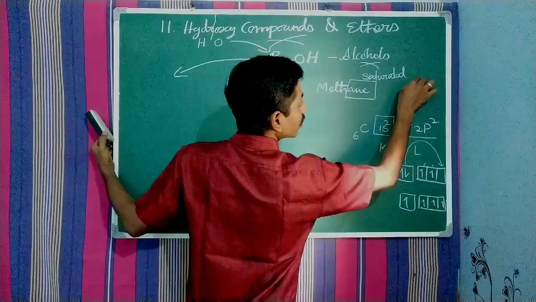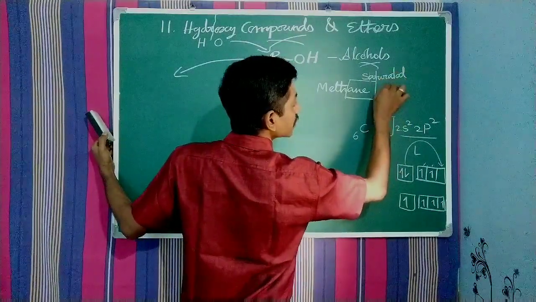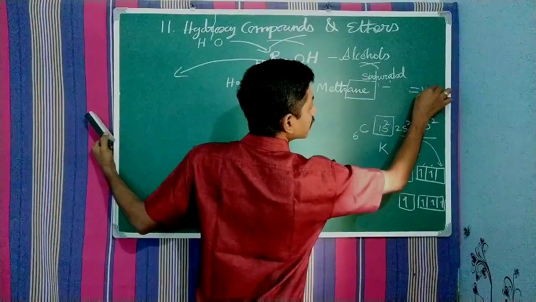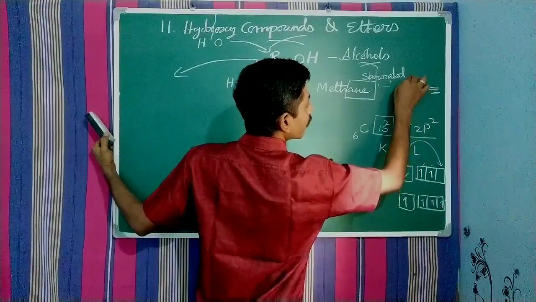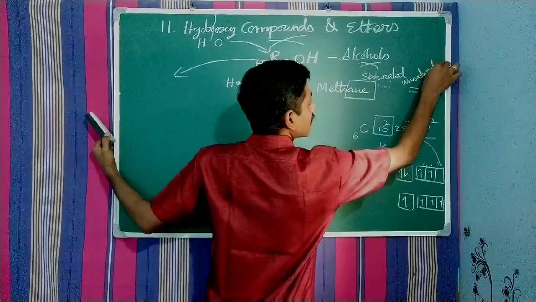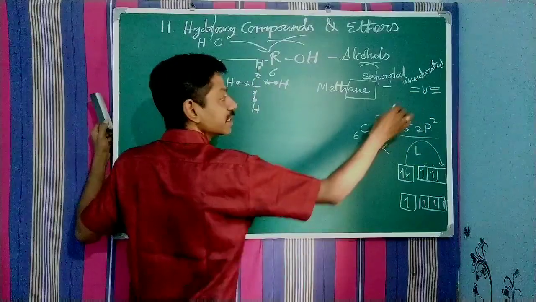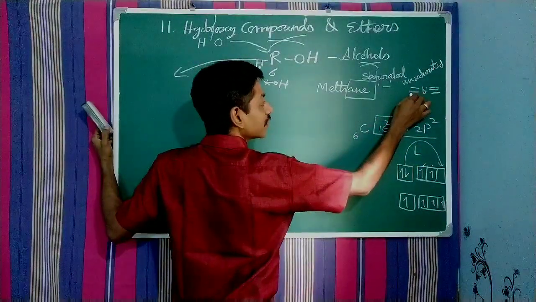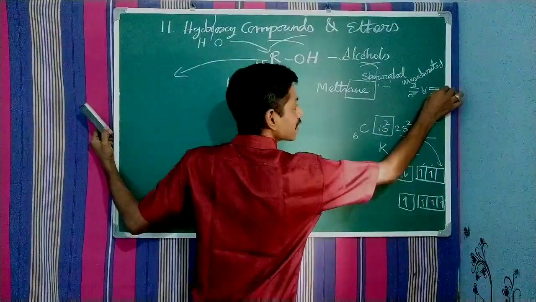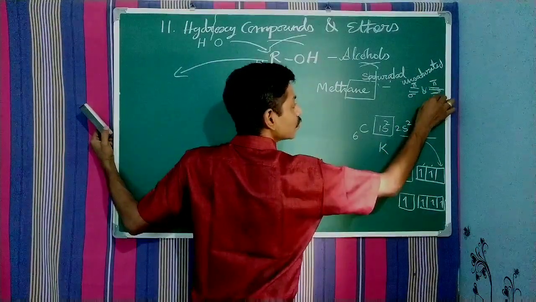Similarly, these are all single bonded compounds. When we talk about double bonded and triple bonded compounds, we talk about unsaturated compounds. Unsaturated means they will have a double bond or a triple bond. There will be 1 sigma bond and a pi bond, and in the other case 1 sigma bond and 2 pi bonds.